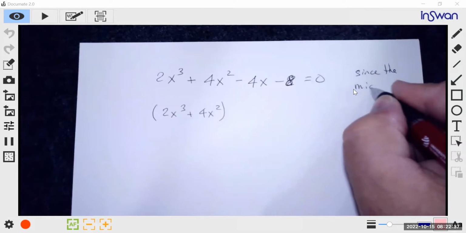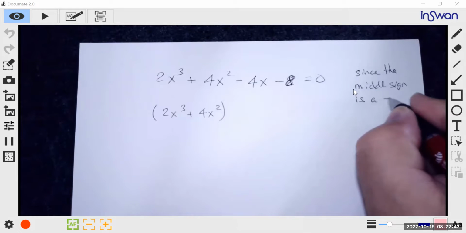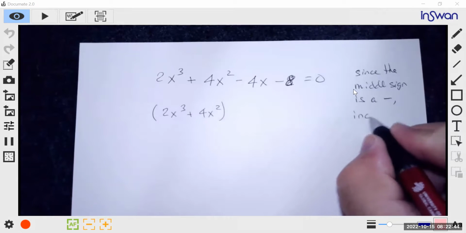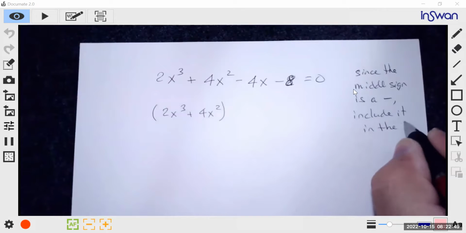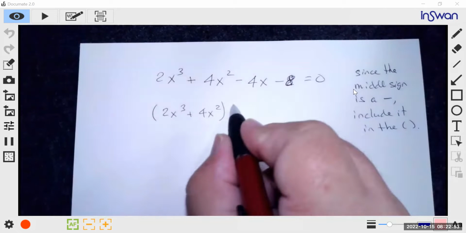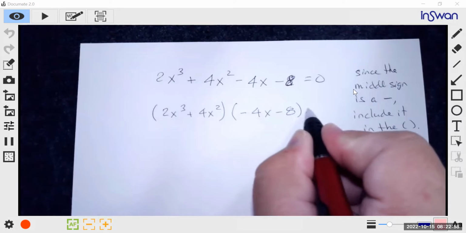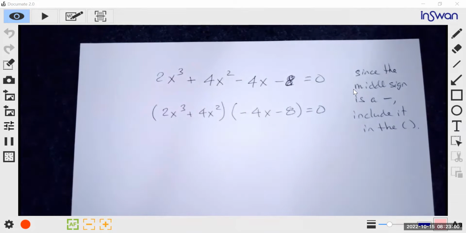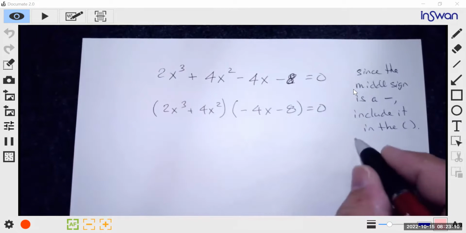Since the middle sign is a minus, include it in the parentheses. If it's a plus, you don't have to include it. Now factor.